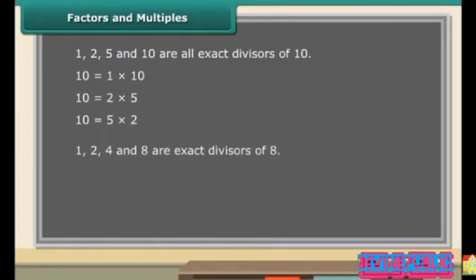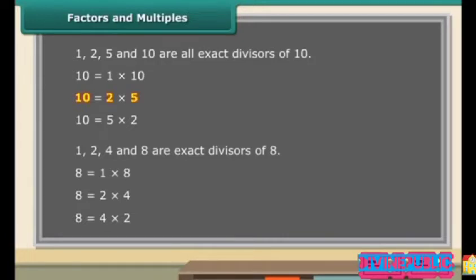Similarly, 1, 2, 4 and 8 are exact divisors of 8. So, 1, 2, 4 and 8 are the factors of 8. You can see that factors are always smaller than, or otherwise equal to, the number itself.